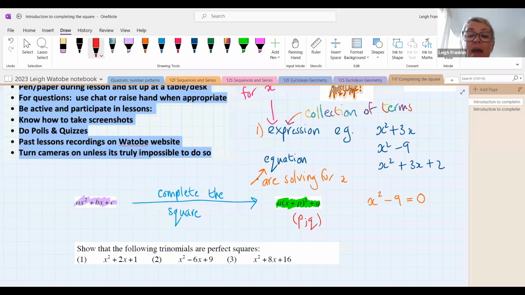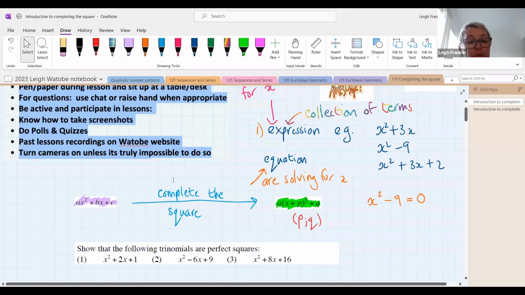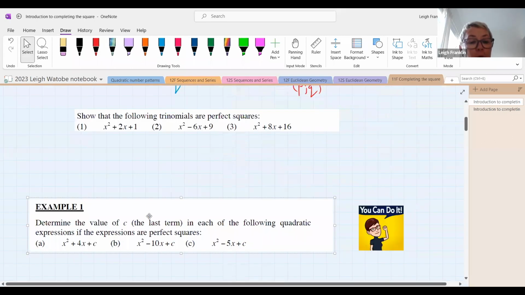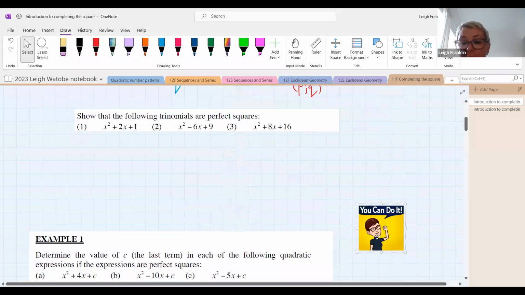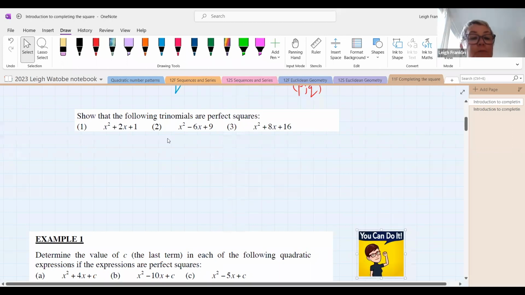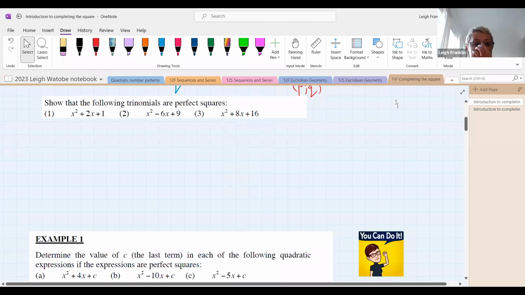Before we get into the actual technique and how we do it, it's important for us to understand trinomials that are perfect square trinomials. So I've got an example of a few here on the board. I'm just going to move that down a little bit. Okay, the first one that I want us to have a look at is number 1. It is a perfect square trinomial.